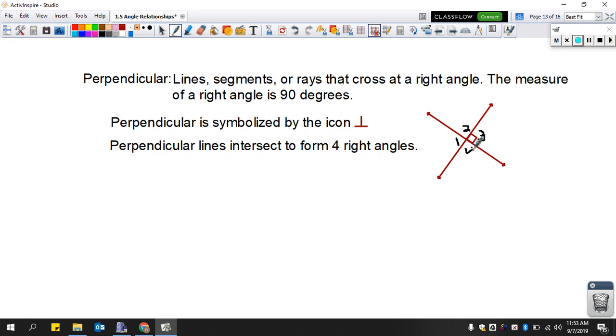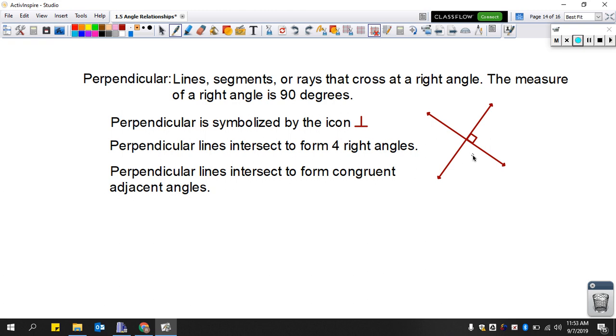And every single one of those angles are right angles or are 90 degrees. Perpendicular lines intersect to form 4 congruent adjacent angles. So another property is that every one of these angles that are side by side are going to be adjacent and they're going to be congruent, obviously because they're all 90 degrees.